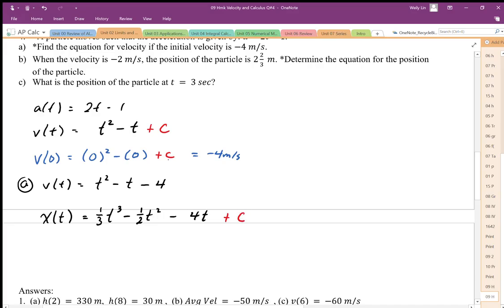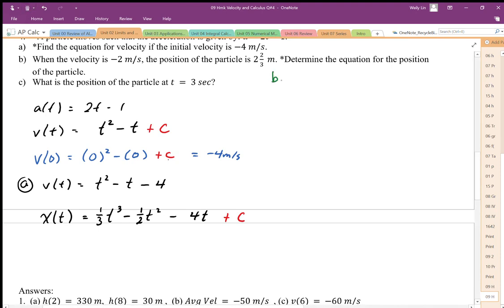Well, I could do the same thing as I did up here, where if I know a time and position pair, I can solve for the plus c. Here I haven't been given time though, I've been given velocity and the position. So I need time. But since I know the velocity and I have the velocity function here, I can actually solve for the time.